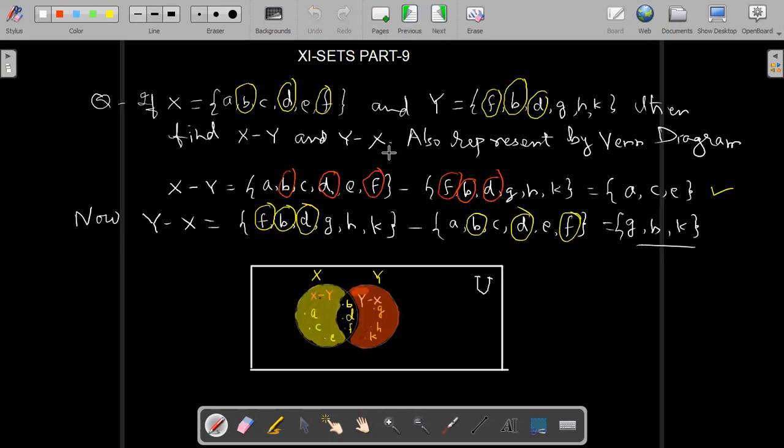We have seen this: X minus Y is this yellow portion and this is the red portion. The union of these two.